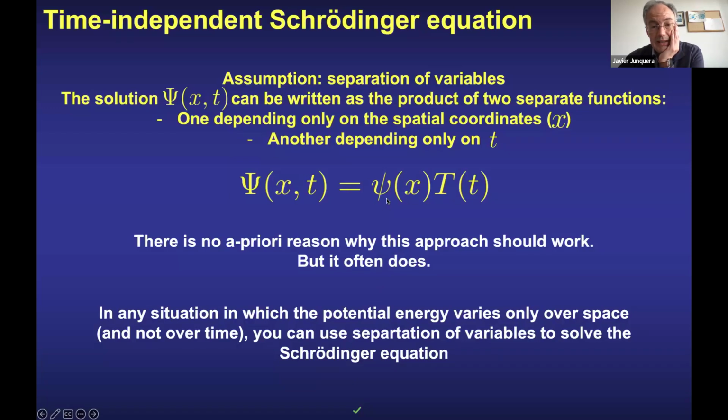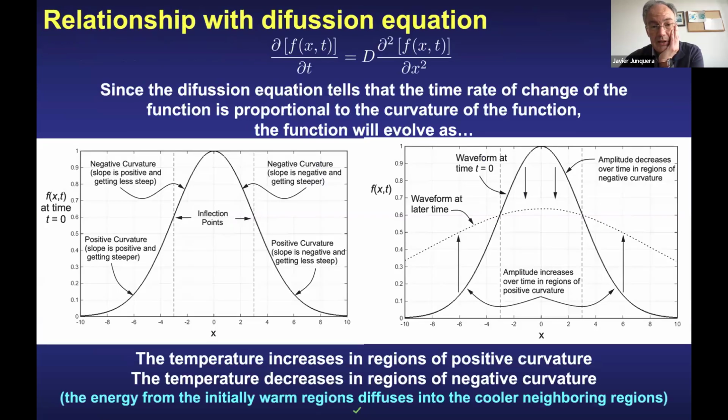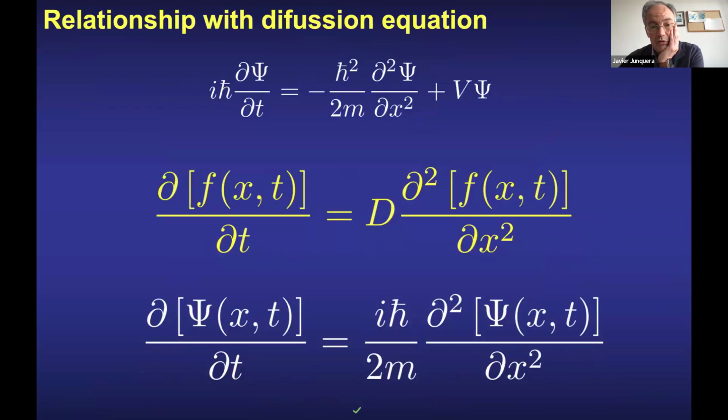And if your potential depends on time, then you have to solve the time-dependent Schrödinger equation. That's one thing that very likely you will follow in the school, in the sense that you will search for the time-dependent density functional theory. What you are going to do is to propagate this solution with time.